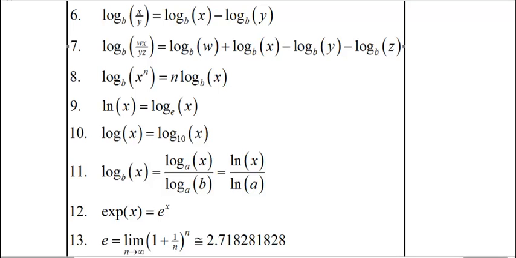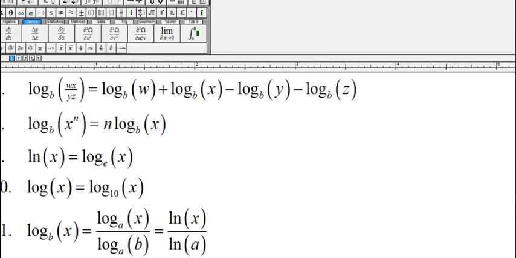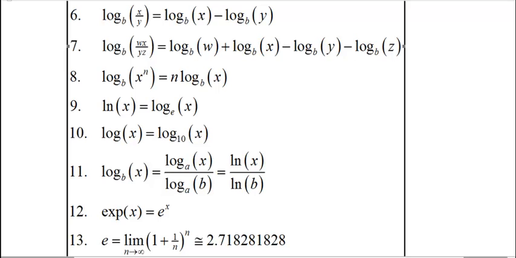That's not supposed to be there. That's supposed to say ln of b. Fix that typo. So we can basically change from any base to any other one. The b is already kind of low as a subscript. That's the ln of b that goes in the bottom.